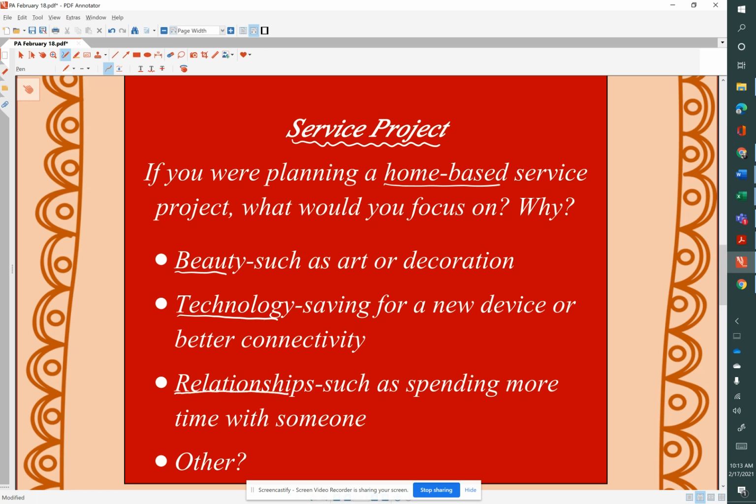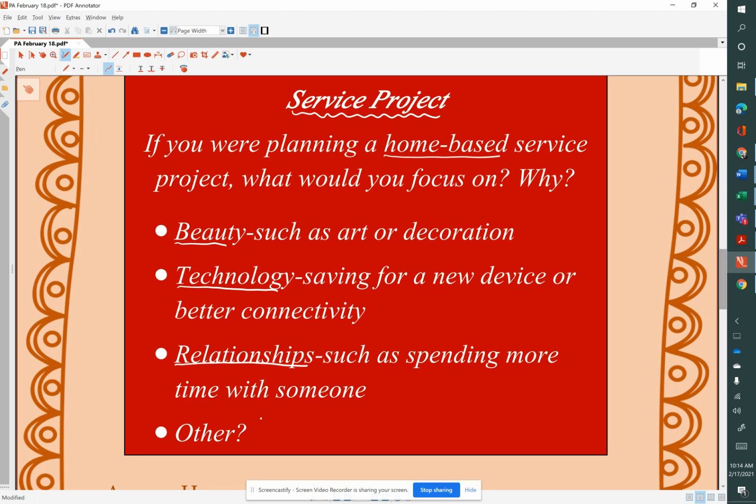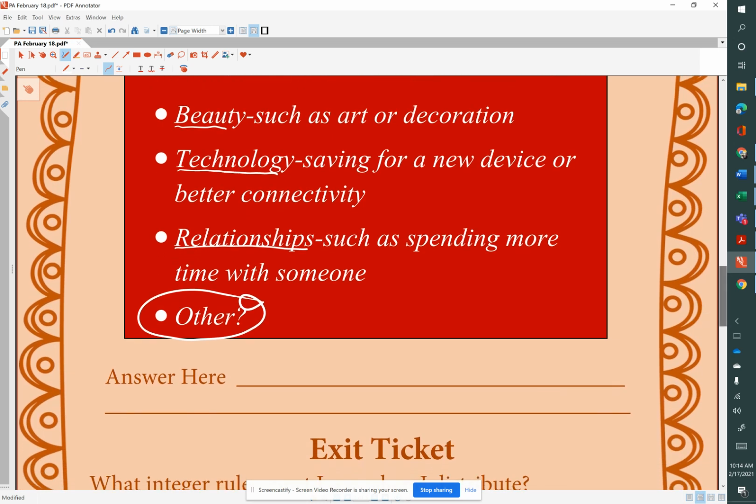Would you focus on a relationship project, such as building time in your schedule to spend more time with somebody else in your household, or something else that you might think would be a good service project for your home? What's a good service project to embark on, plan, and execute? And I'd like you to answer that right here.